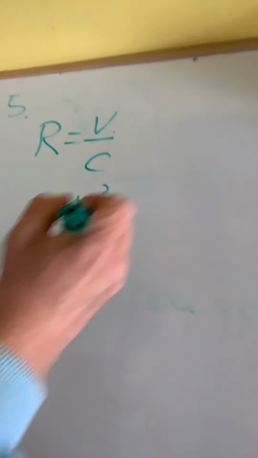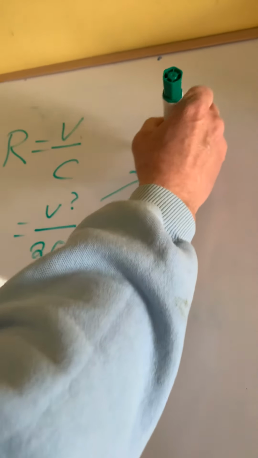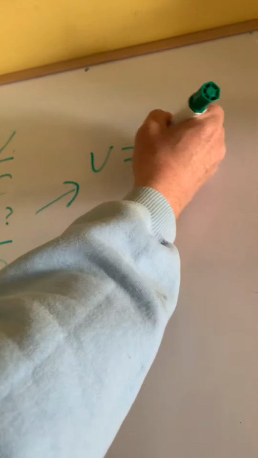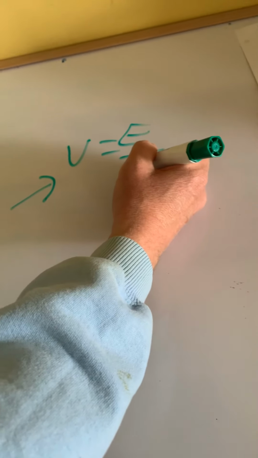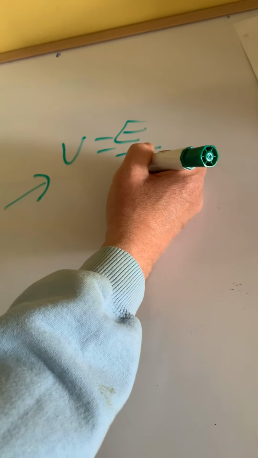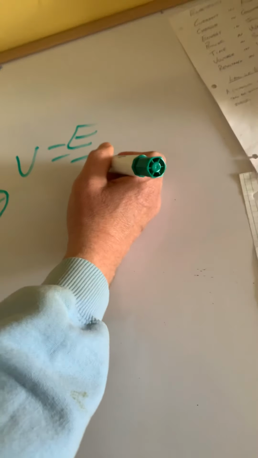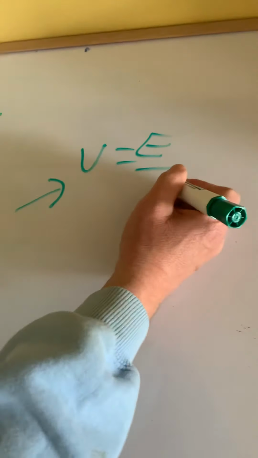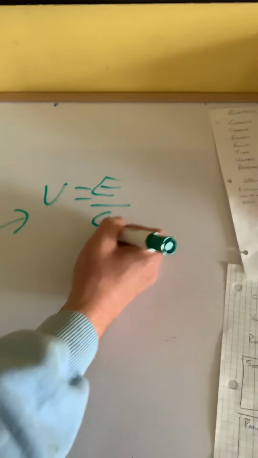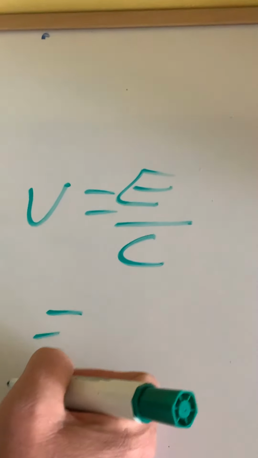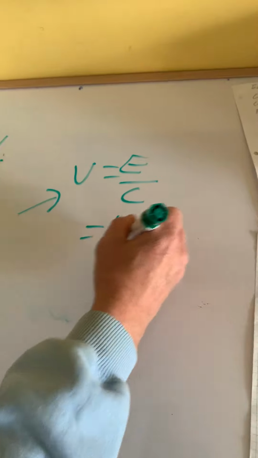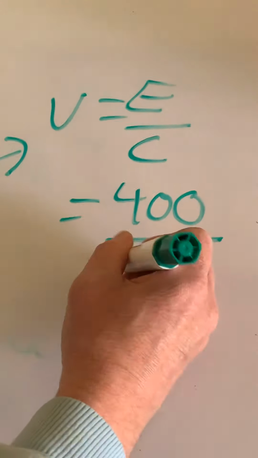To get voltage, we need to figure out the energy and the charge, because we're given those. We're given 400 and we're given 200.